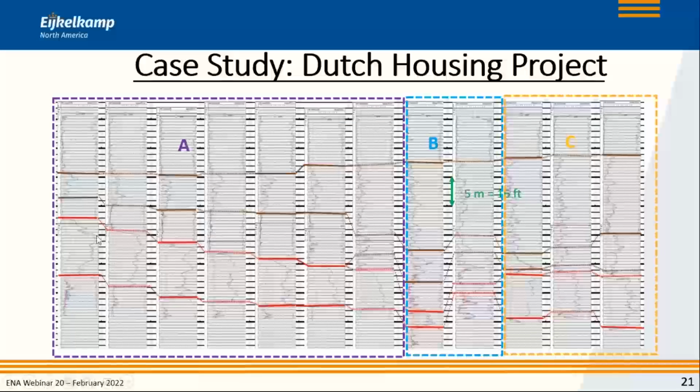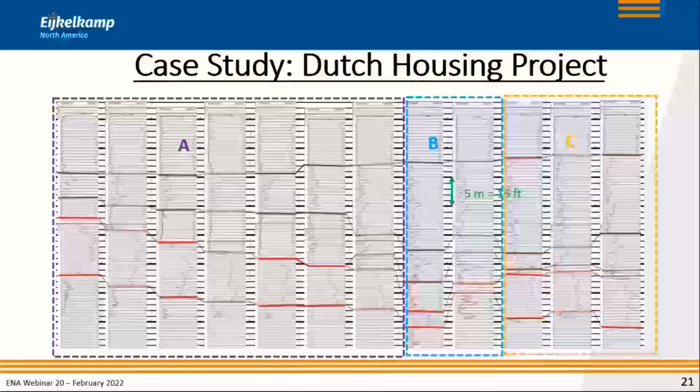You saw here that the bearing layer went deeper and deeper. Then in this area B, there was no clear bearing layer. And in area C, the bearing layer appeared again and went still deeper. But at least we had a very good idea what the site variability was, what the site conditions were.